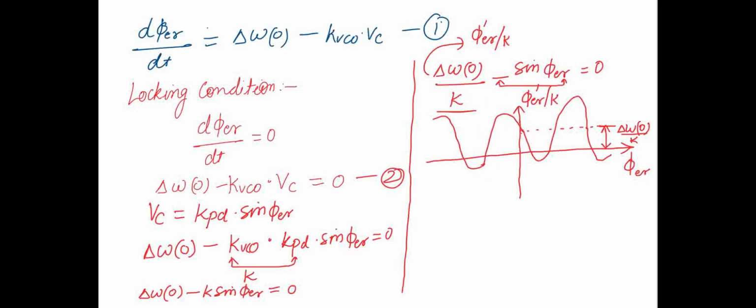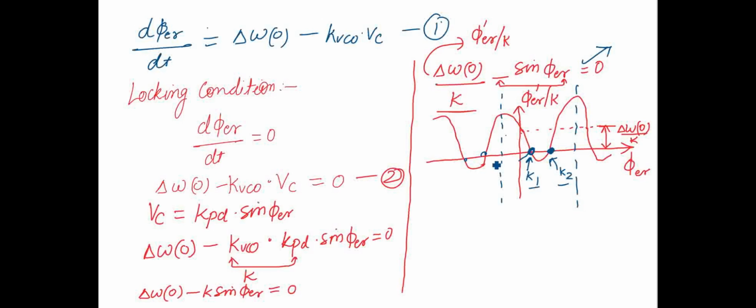Now you can see that there are 2 points, consider them K1 and K2. These two are the points which are the solution for this equation. So in every 2π period there are 2 solution points for the above equation.